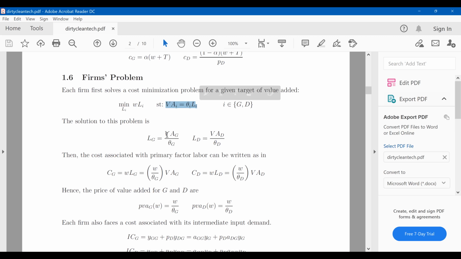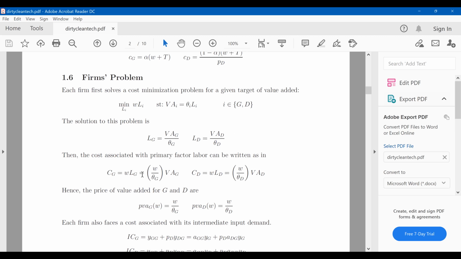LG is equal to VAG divided by theta G, and LD must be equal to VAD divided by theta D, because this is a constraint. So given that value added target and given productivity, this is what the green firm needs in terms of labor, and this is what the dirty firm needs, okay? This is then very simple, right?